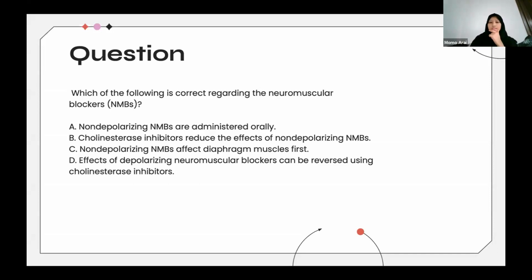What do you get when I say that? It's just from the name itself. So it blocks. Okay, it blocks, good. It blocks acetylcholine binding. Good, so that's what it means.